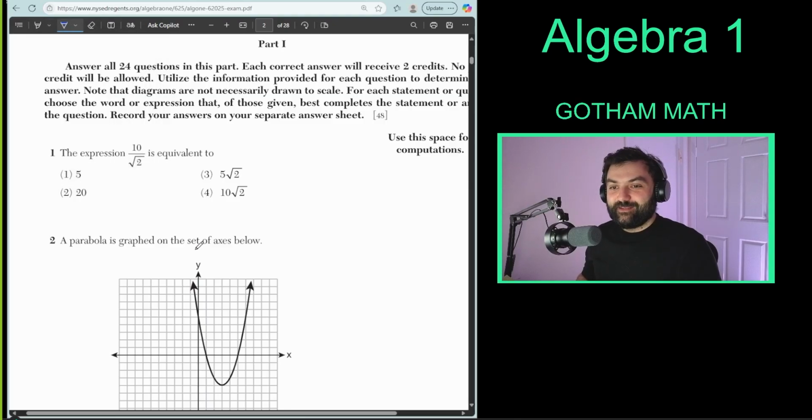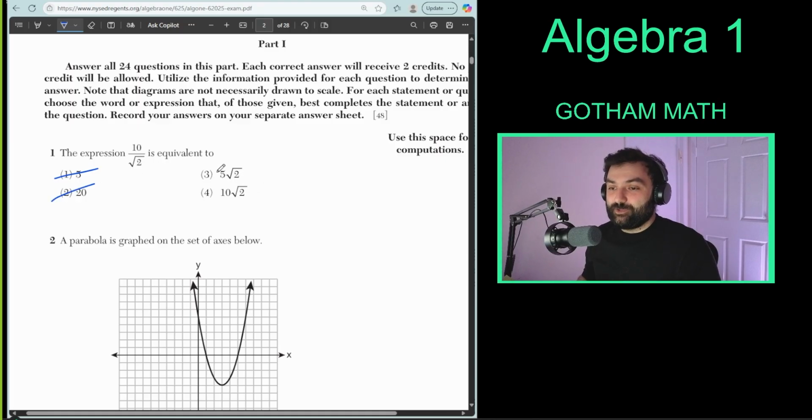So, here we go. Question number 1. The expression 10 over radical 2 is equivalent to. Well, first of all, 10 divided by radical 2 cannot be a whole number, because radical 2 is an irrational number, right? So 1 and 2 are wrong.